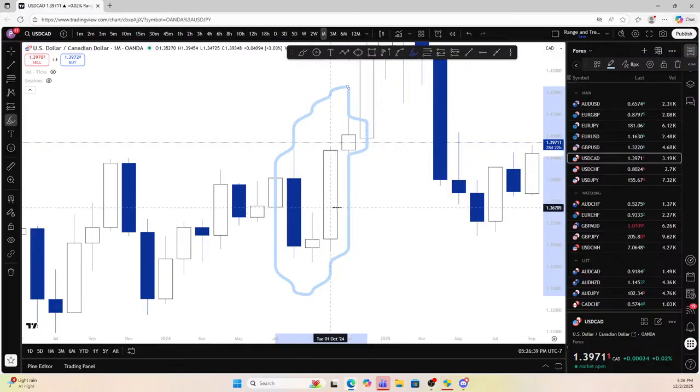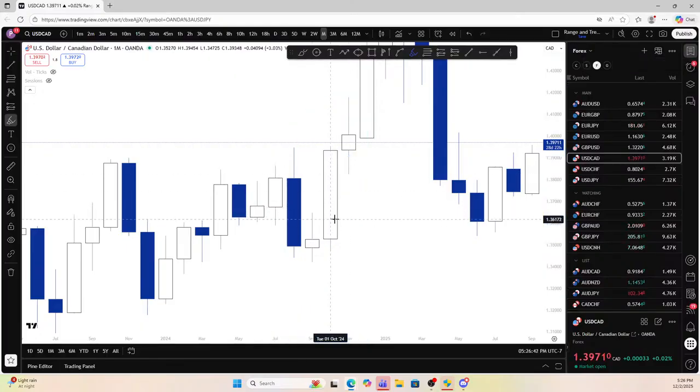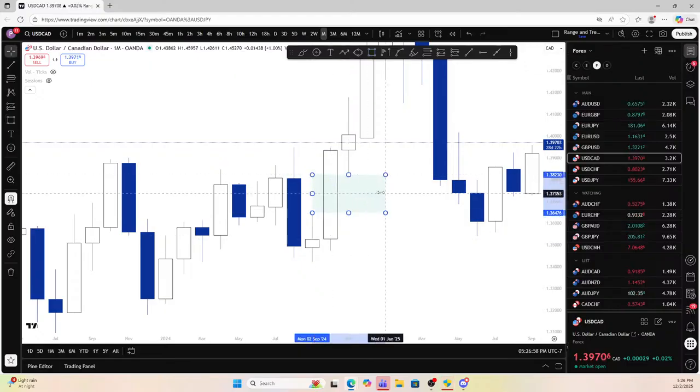There's a demand creation there. A fair value gap is where you have a candle in the middle, and you have 2 candles, 1 candle on each side of it, but the wicks have what's called a fair value gap, and that is present here. So we got a fair value gap right there between those 2 wicks.